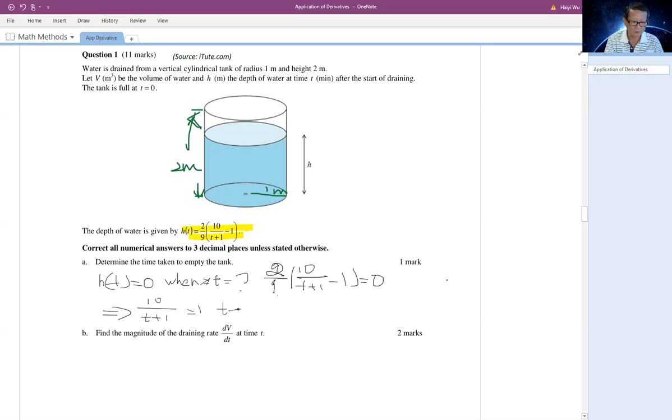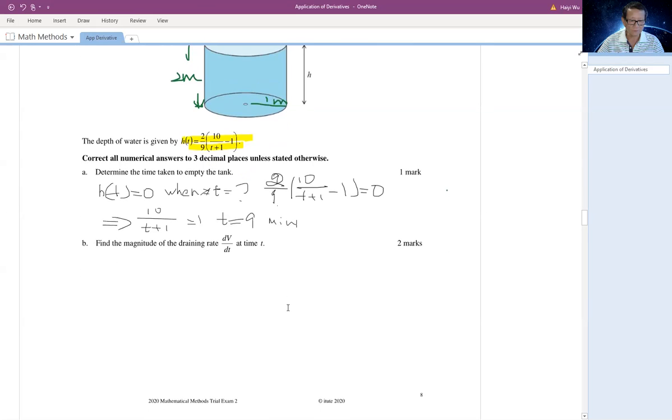Therefore T equals 9, so it takes 9 minutes for the draining height to equal 0, which means the water tank is empty. So question A is pretty simple. Okay, let's do the next question.